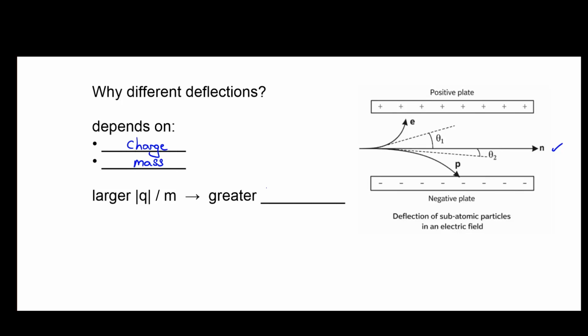Since the electron has the same magnitude of charge as a proton but a much smaller mass, its charge to mass ratio is much larger, hence greater deflection, which means it will bend more. As you can see, theta 1 is larger than theta 2.